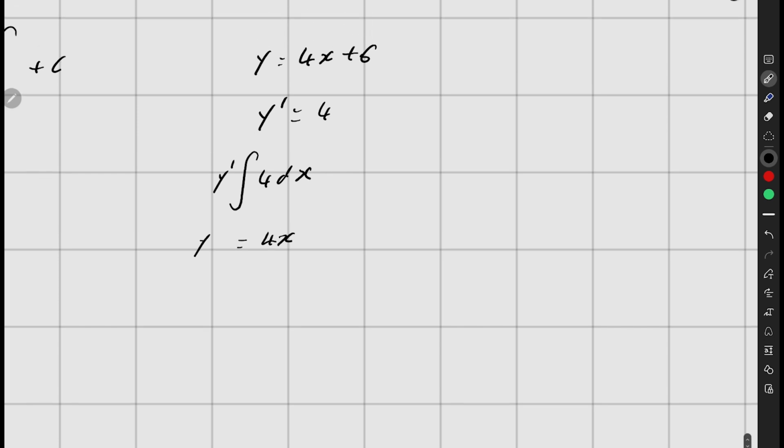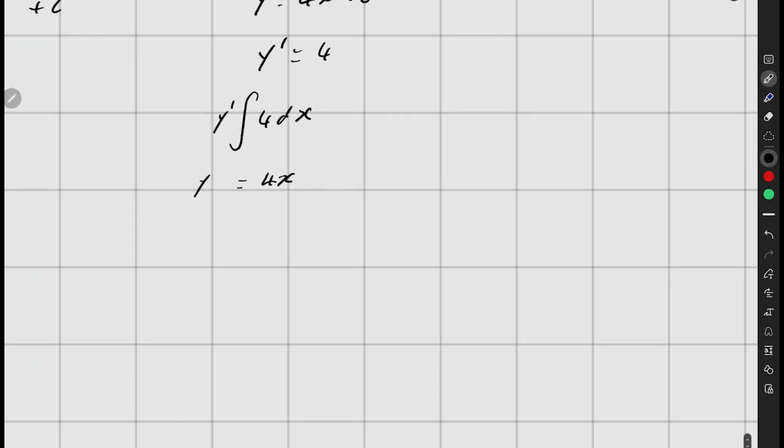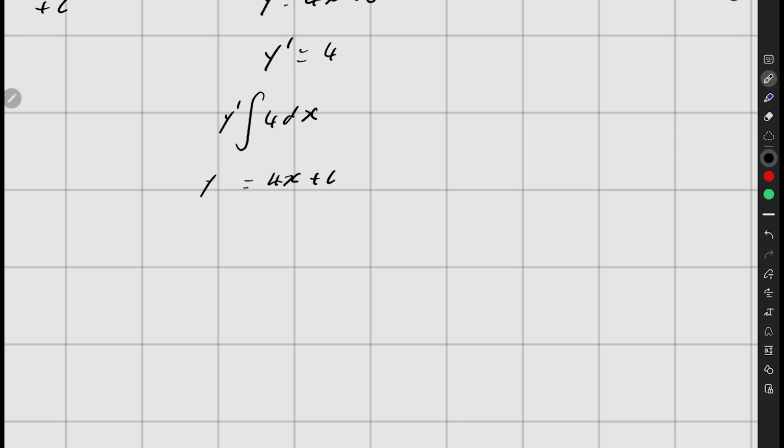And again, you can see that we've lost the constant of 6 because when differentiating, any constant will go to 0. And because we don't know what that number is, we need to add it in at the end. Plus c. So don't forget to do that. Make it a habit to do after every indefinite integral. But that's why we add the c on at the end. So that's the first rule you need to know, is to add a plus c, because we don't know what the constant is.